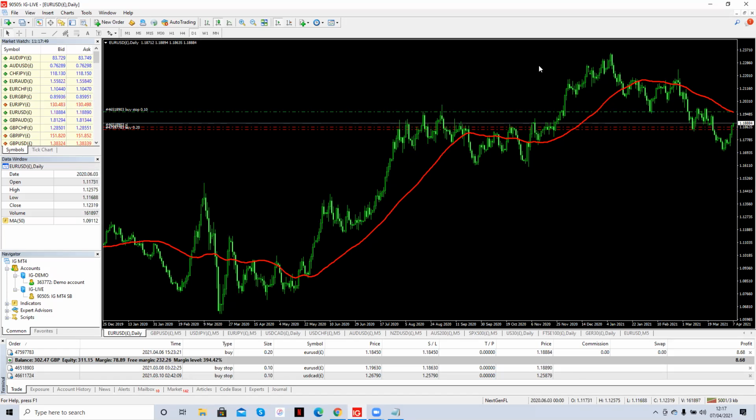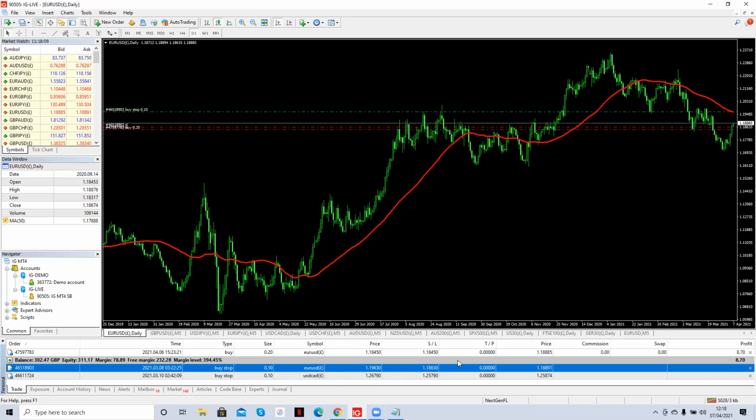Because it's a daily time frame, I have to adjust that every day, because obviously the moving average will be changing every day. Today the moving average is 1.1962. It was 1.1961 when I started this morning. So you can see I've adjusted it already to 1.1963, just 2 pips above the moving average, with 100 pips stop loss.